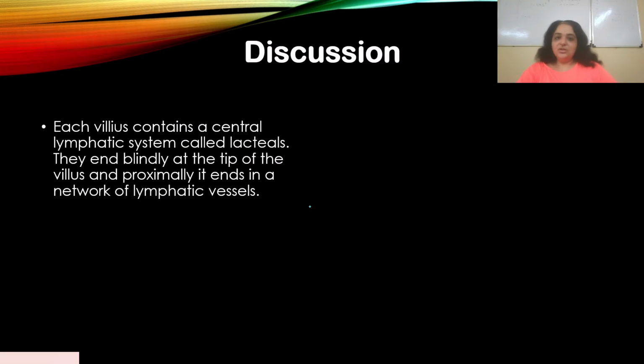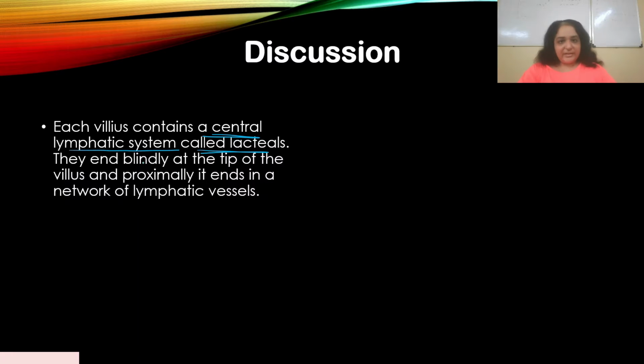So now each villi, that is present in that epithelium, yeah? The epithelium has microvilli. So there's a central lacteal that is present. That forms the core of the villi, the villus. So the central lymphatic system called lacteals. Inside that we'll see a diagram so you can understand it more clearly.